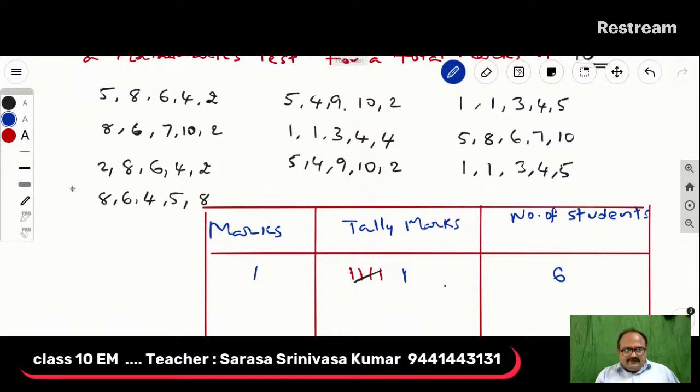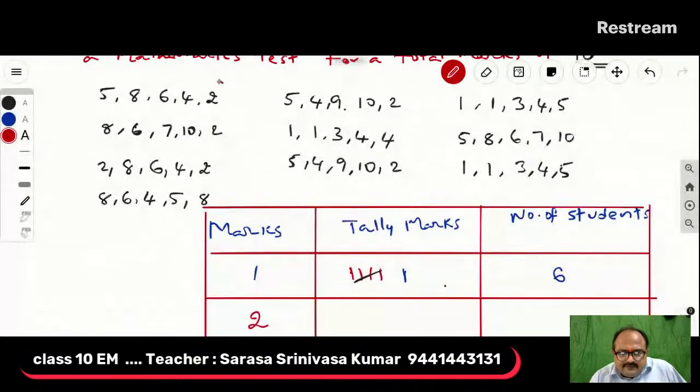Now let us consider 2 marks. So we observe this. This is 1. So I should note down 1 tally mark here.